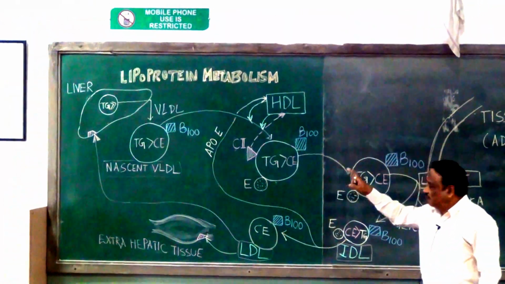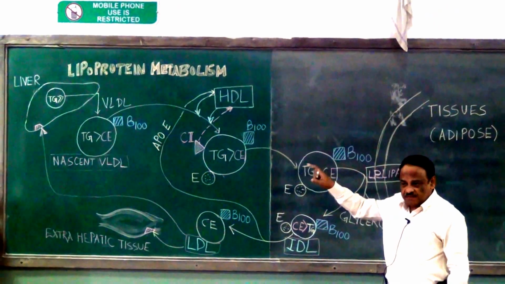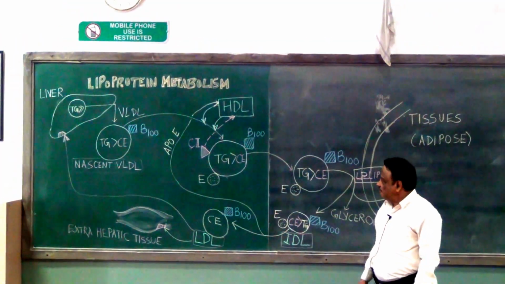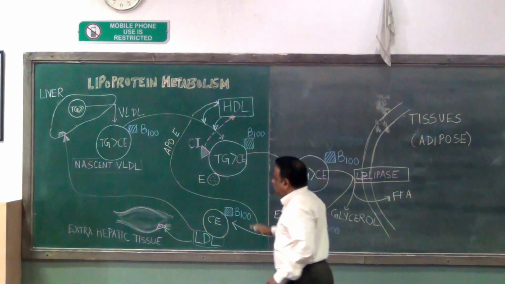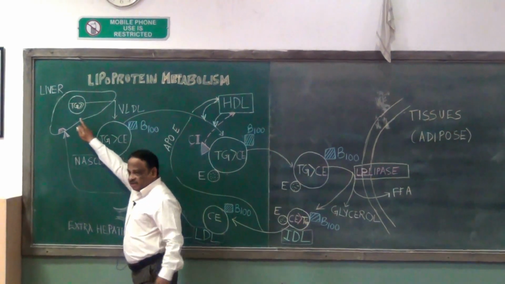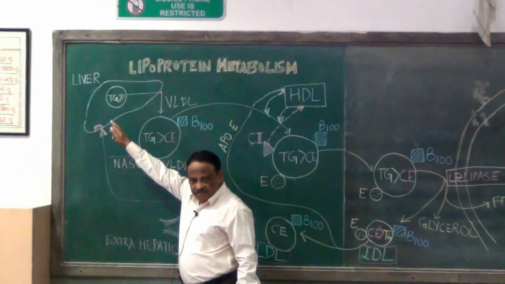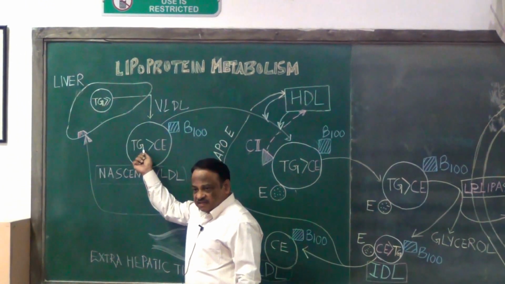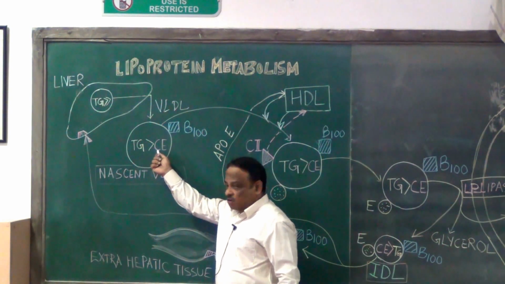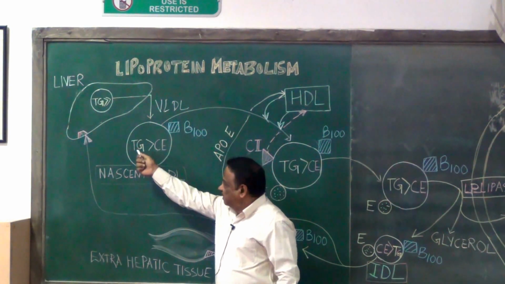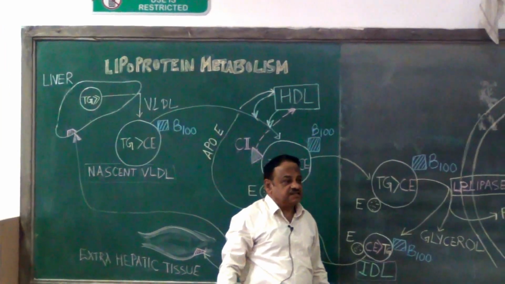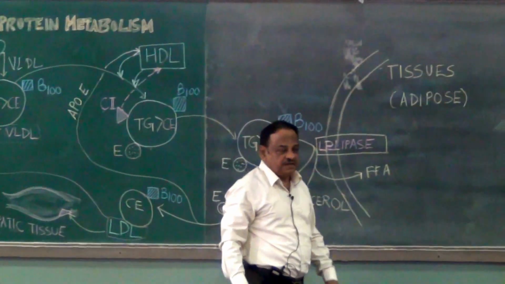It is formed in the liver, in hepatocytes. So the nascent VLDL, after formation in the liver, mainly consists of triglycerides, to some extent cholesterol ester, but the triglycerides are in higher concentration.